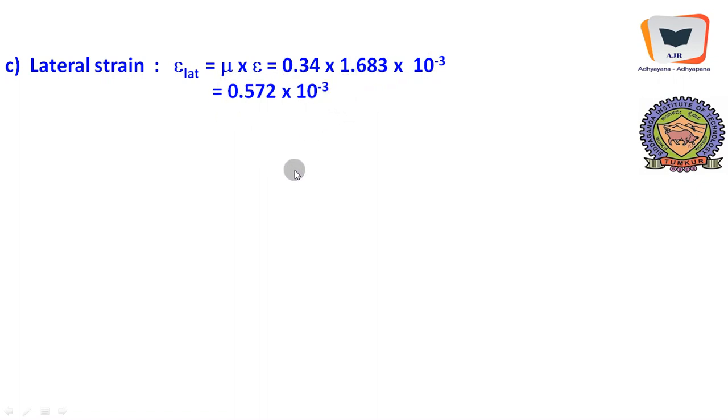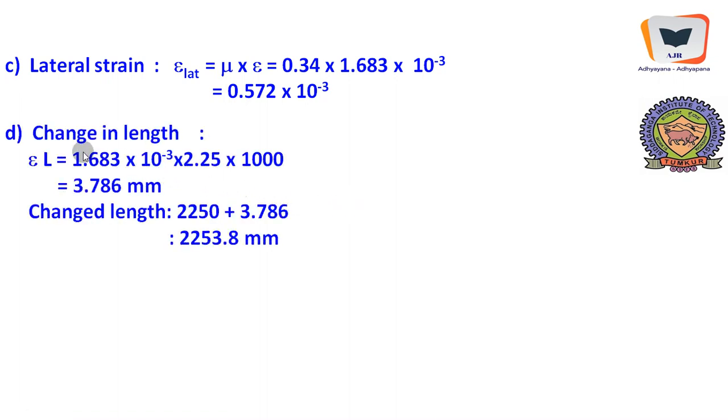Lateral strain can be expressed as dB by B or dD by D, and here, since it is a square section, dB by B would be enough. So change in length is epsilon into L. Earlier length was 2.25 meters, and we multiply by longitudinal strain to get the change in length.